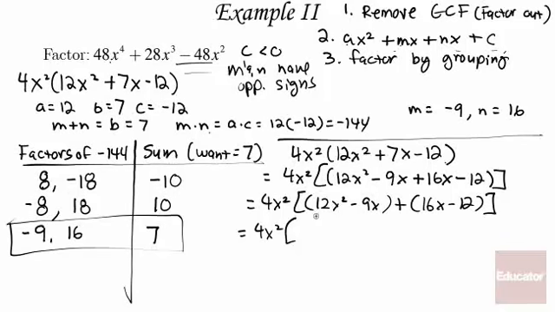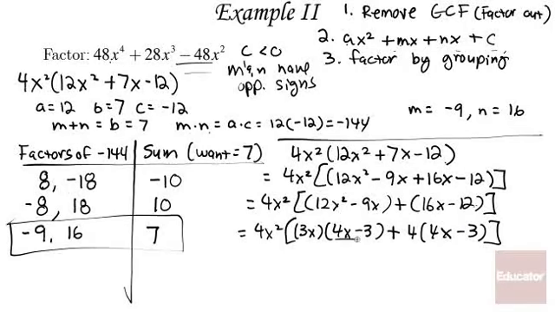So my greatest common factor for 12x squared and 9x is going to be 3x. So that's going to leave me with 4x minus 3 plus, from here, my greatest common factor is actually 4. So that's going to give me 4 times 4x minus 3. And I look and I see that I do have a common binomial. I'm going to factor that out next.